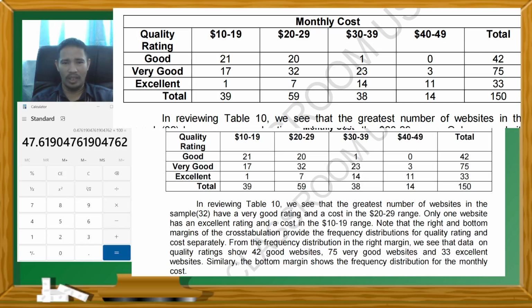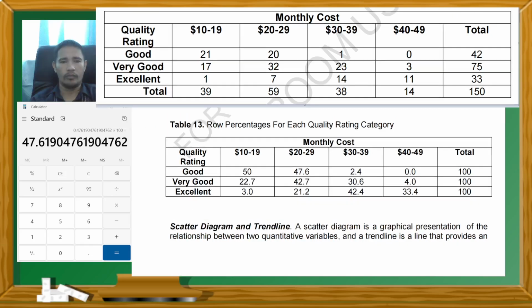So what you'll do is you just divide the value here, 21 divided by 42, and that would be your answer. To make it clear, this is our given, and we're going to create the row percentages for each quality rating category.